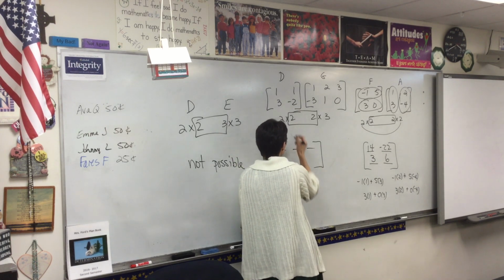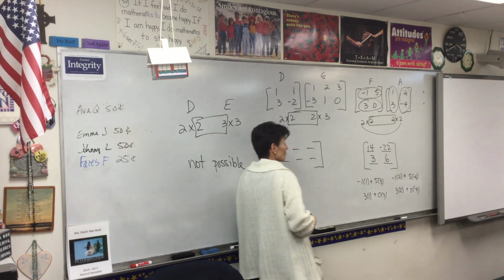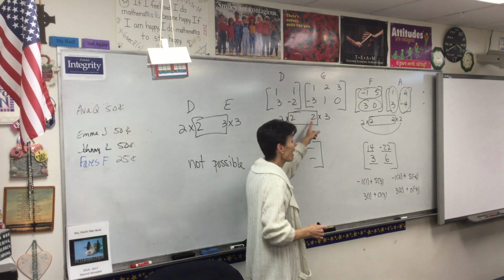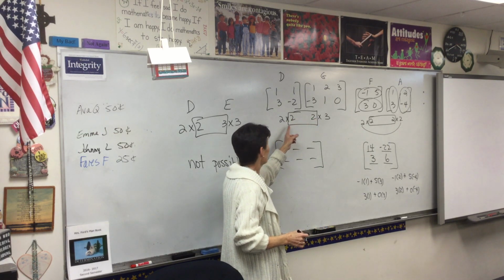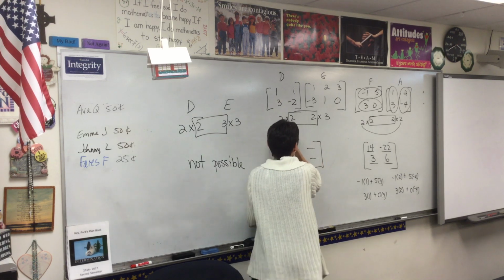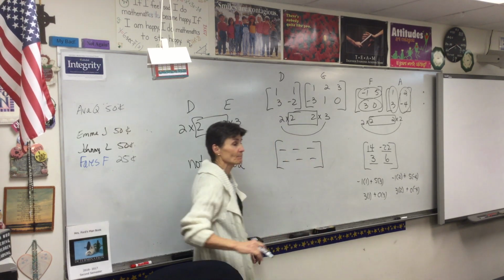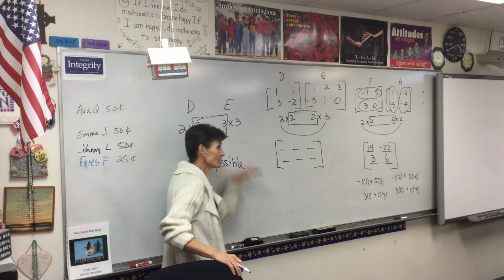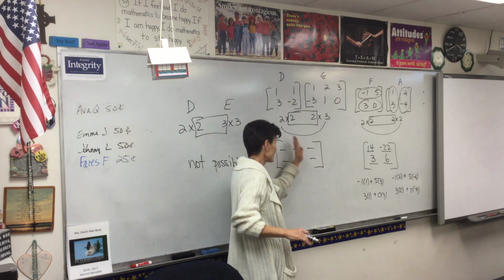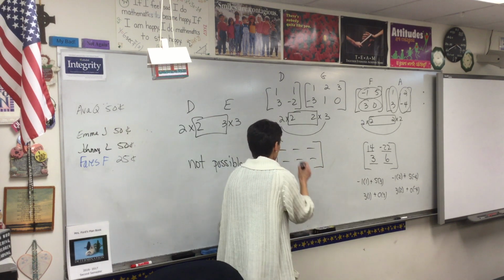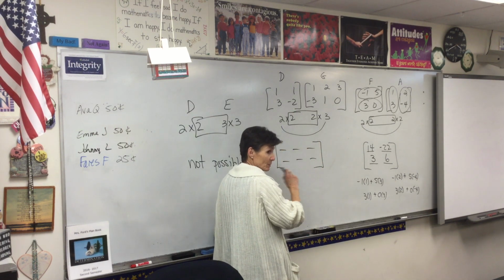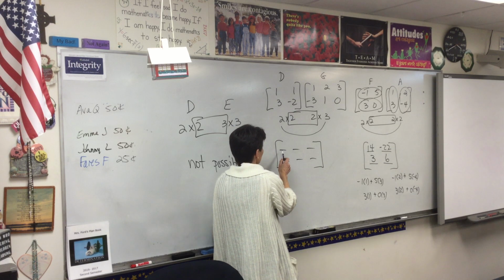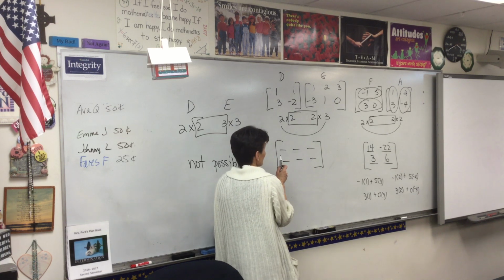The dimensions of the answer are 2 by 3. Remember, these have to match, and then this tells me my answer. 2 by 3? Okay, so 2 rows, 3 columns. Now, I'm going to do the first one together, and then I want to see how many you can fill in, because I notice the period's almost over.